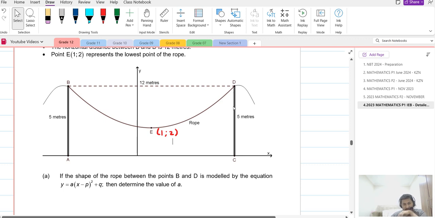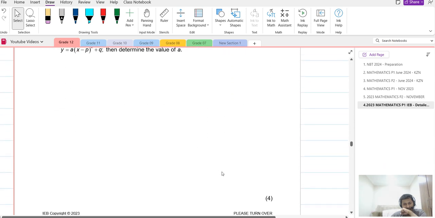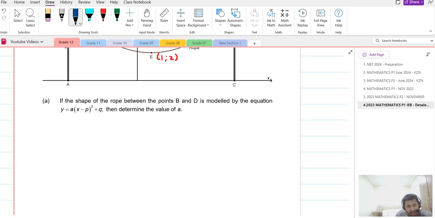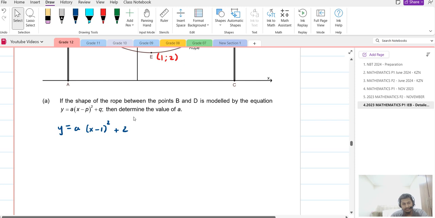And what is that point? Right, so first we're going to write down y equals a into (x minus 1) all squared plus 2.